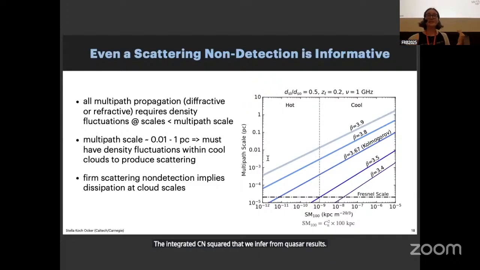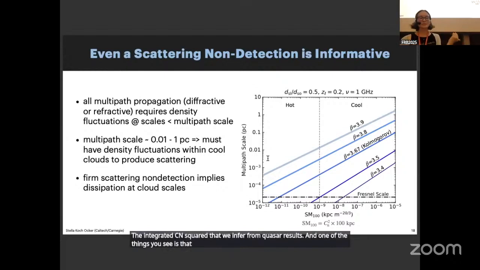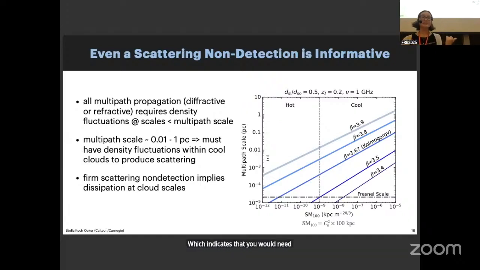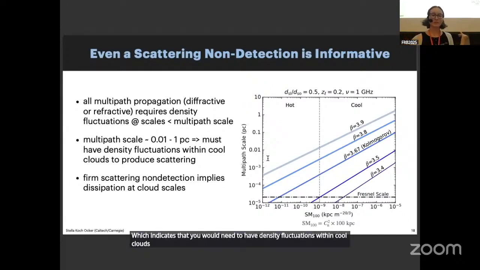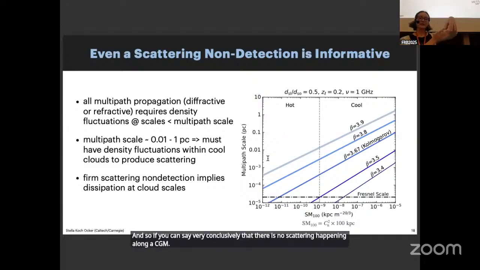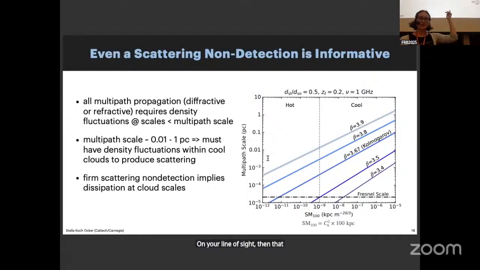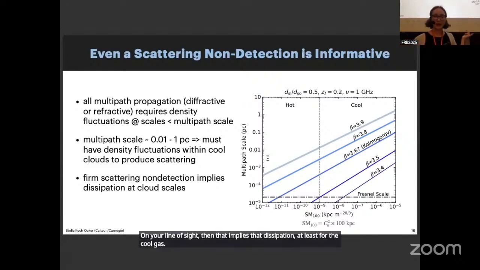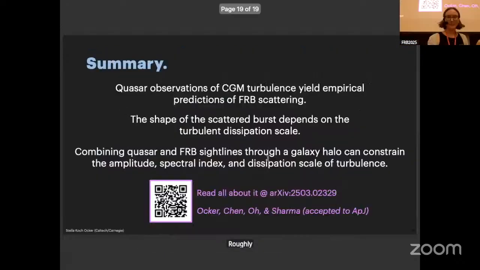And one of the things you see is that in cool gas, the multipath scale is on the order of 0.01 to 1 parsecs, which indicates that you would need to have density fluctuations within cool clouds in order to produce scattering. And so if you can say very conclusively that there is no scattering happening along a CGM on your line of sight, then that implies that dissipation, at least for the cool gas, would be at roughly cloud scales.